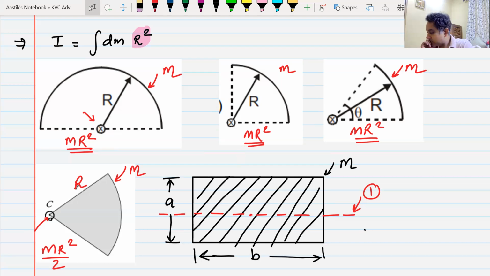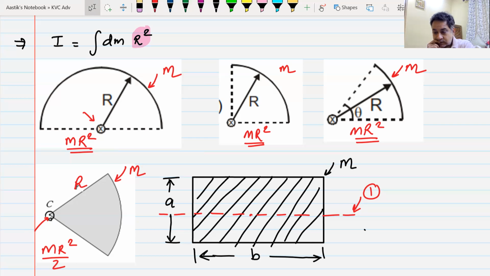M A square by 4, sir. How did 4 come? How did you get 4? Sir, A is the breadth. Yes.